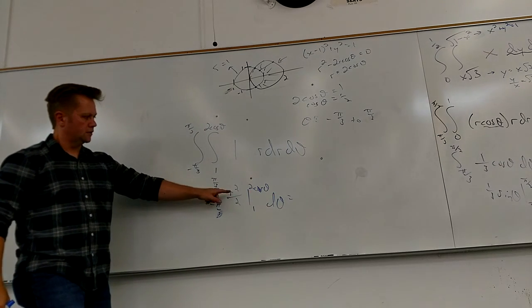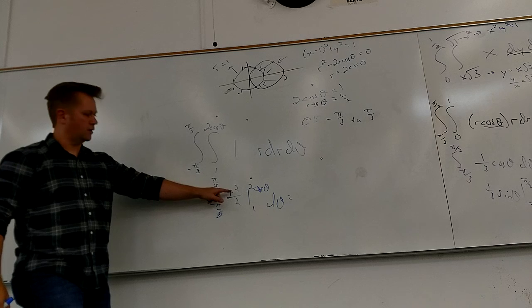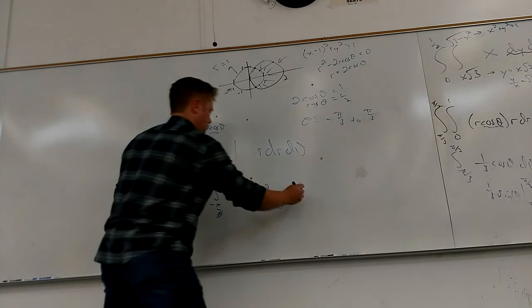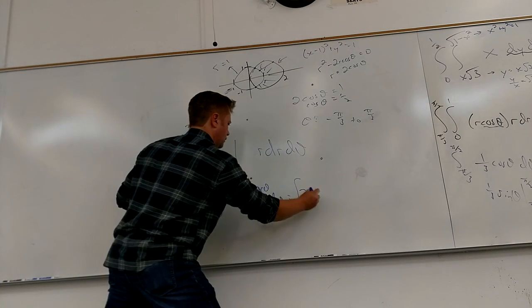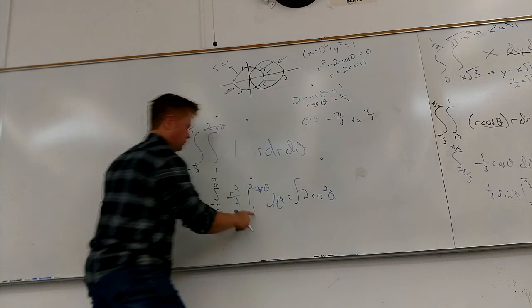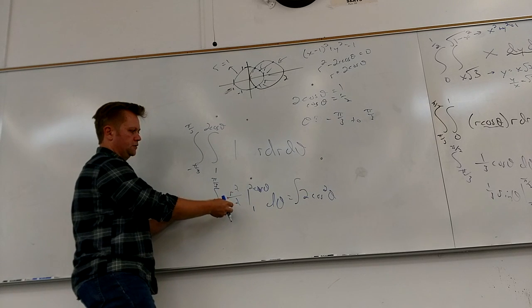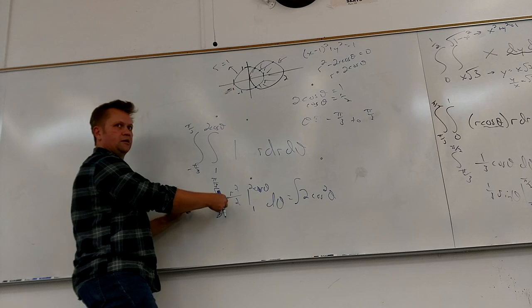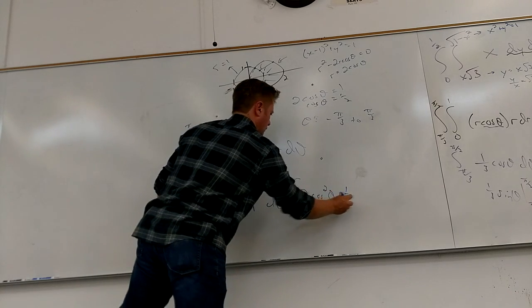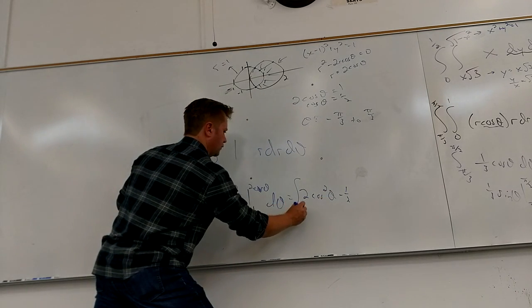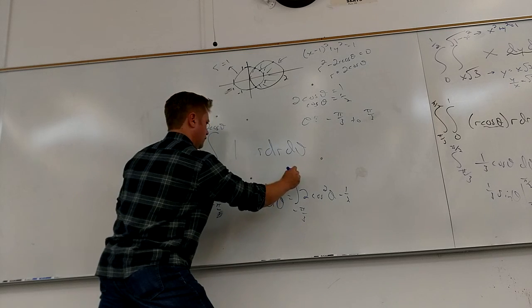So I'm going to get 4 cosine squared theta over 2, so 2 cosine squared theta minus 1/2. And this will still be from negative pi over 3 to pi over 3.